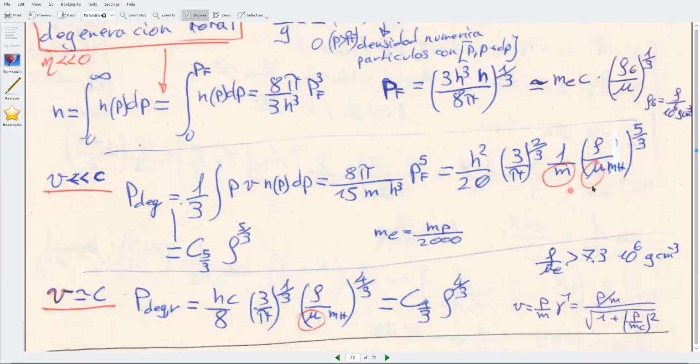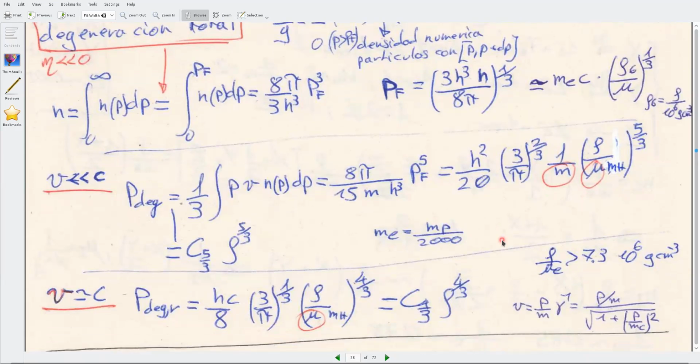You can see here that the pressure of the degenerate gas is proportional to the inverse of the mass. So the electron gives definitely higher pressure than the positron.